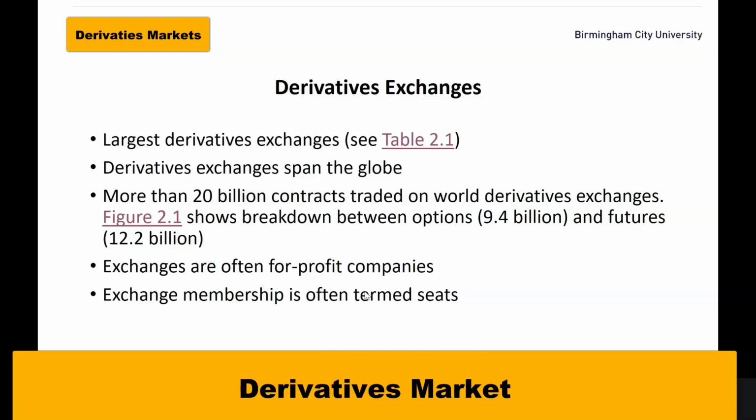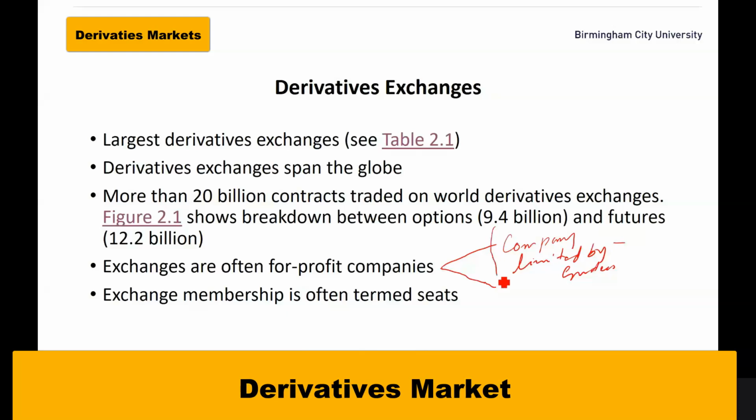Exchanges are often for-profit companies. There used to be two types of markets. One would be an exchange that is a company limited by guarantee, a concept very close to a cooperative society.